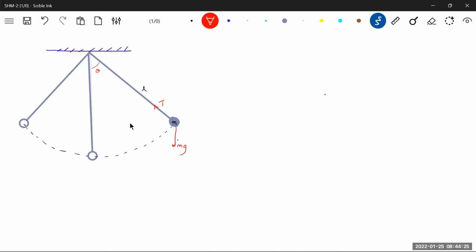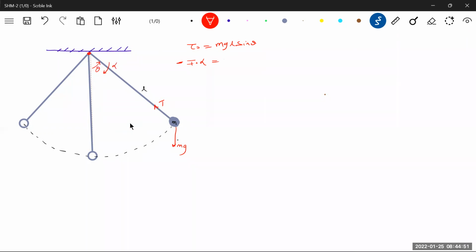Let this angle be theta. Then the torque set up about the point of suspension should be equal to mg times L sine theta. This torque should be equal to I naught alpha. The angular displacement is given in this direction, whereas alpha is in this direction.